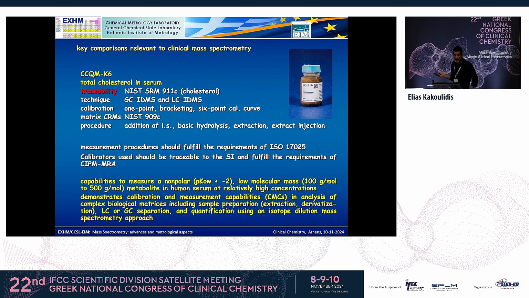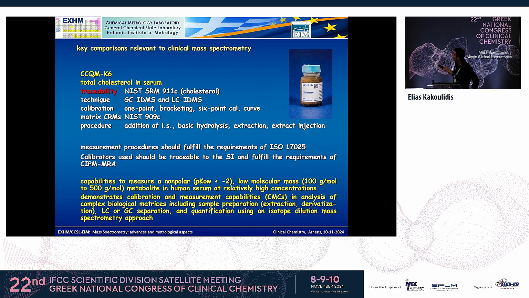For all the measurements provided by the institutes who have documented traceability, most of the institutes use materials that are in the key comparison database and are provided basically from the United States National Metrology Institute, NIST. The techniques in the particular study were GC-IDMS, ID stands for isotope dilution mass spectrometry, and LC-IDMS.